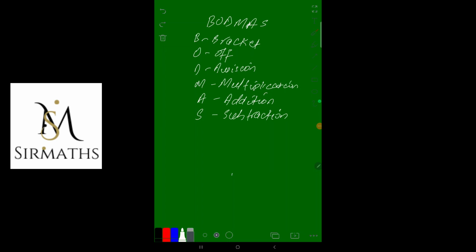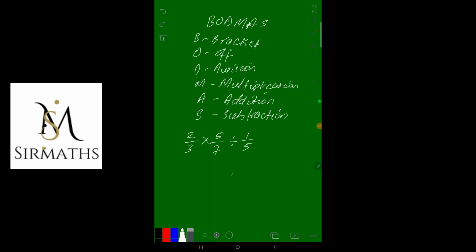For example, if you are asked to solve 2 over 3 times 5 over 7 divided by 1 over 5, we follow the BODMAS sequentially.